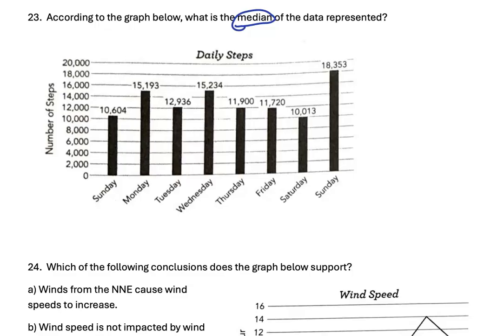In doing that, the least one is 10,013. The next one after that would be 10,604. The next one after that is 11,720, and then 11,900.